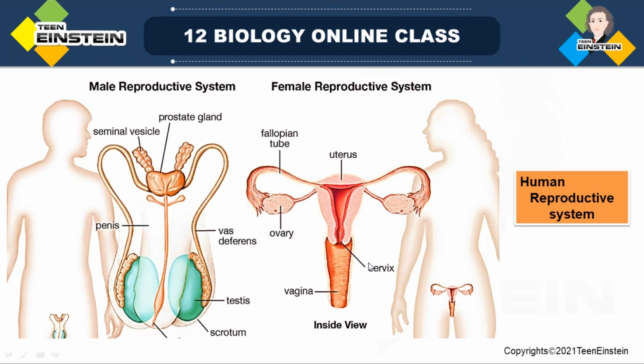Next, after the coitus or intercourse, the sperms are transported to the junction of the isthmus and ampulla, the wider part. Okay. Then, when the sperm fertilizes the ovum, that will lead to the formation of a zygote. But the sperm and the egg or the ovum both are haploid.